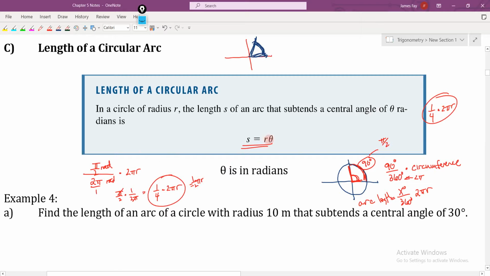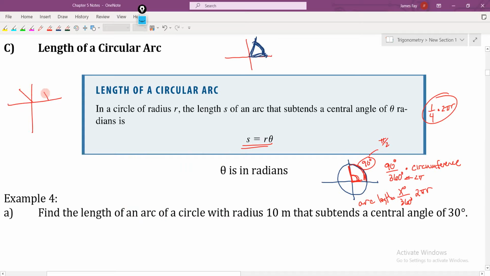Where this formula comes from, let's use a general situation. Let's say we have this arc that is being subtended. I don't know how big this arc is, so I'll just call it theta. Now, if I'm in radians, that theta is some proportion of the entire circle, which in radians is 2 pi.